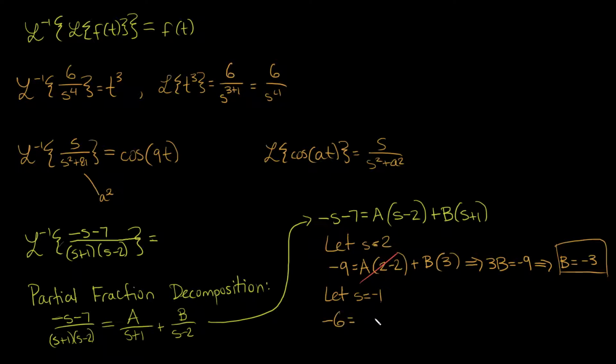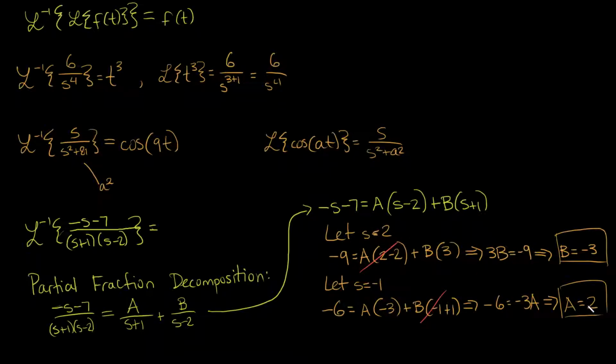Negative 6 equals A times negative 1 minus 2, which is negative 3, plus B times negative 1 plus 1, which is just going to go to 0 again. So what we're left with is that negative 6 equals negative 3A, or dividing by negative 3, that A equals positive 2.